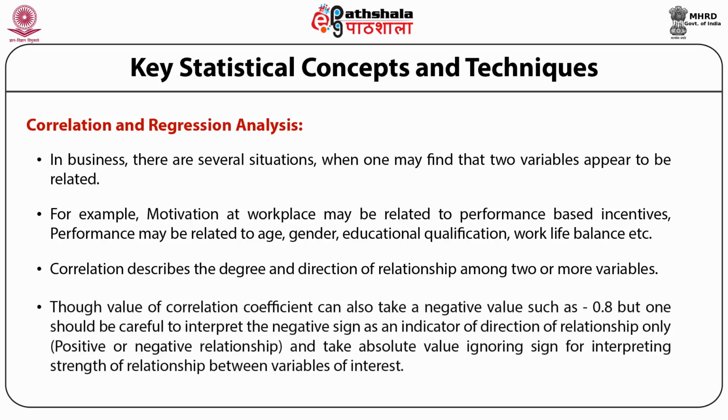Though values of correlation coefficient can also take negative values such as -0.8, one should be careful to interpret the negative sign as an indicator of direction of relationship only, that is whether it's a positive or negative relationship, and should take absolute values ignoring the sign for interpreting the strength of relationship between variables of interest.